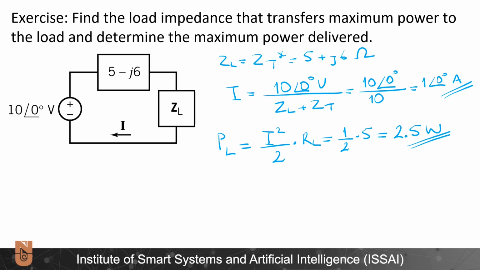So in other words, I will be maximizing the power delivered to the load with ZL = 5 + j6 ohms, and then the maximum power delivered will be 2.5 watts.